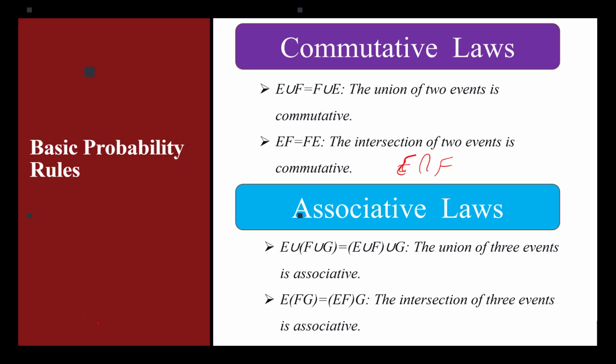You might think they are very simple, but they are very helpful. I want to emphasize that. Same goes for the intersection. Intersection of E with the intersection of F and G is going to be the same as the intersection of E and F with G. Very good?